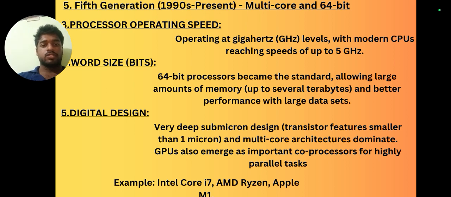It consists of very deep submicron design, with transistor features smaller than 1 micron, and multi-core architecture dominates. GPUs also emerged as important co-processors for highly parallel tasks. Examples: Intel Core i7, AMD Ryzen, Apple M1, etc.